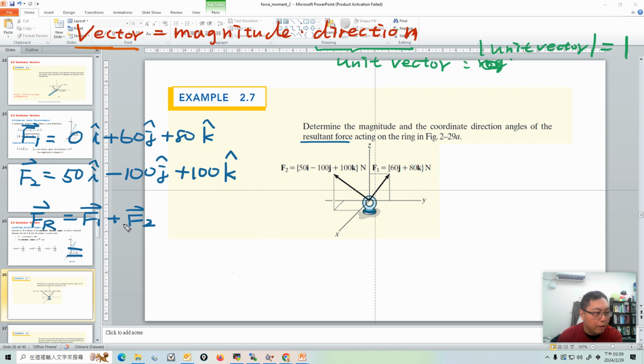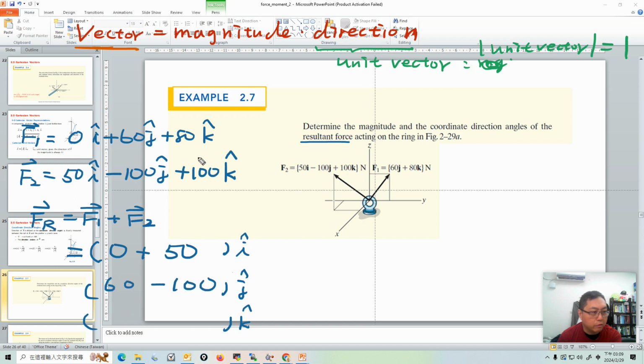So for F1 and F2 with i, j, and k, we add component by component: the x component adds the x component, the y component adds the y component, and the z component adds the z component. After all, you will have 50i minus 40j plus 180k. That's the resulting force vector.